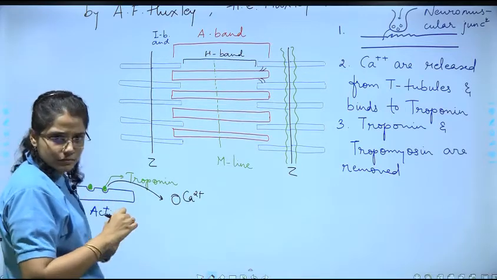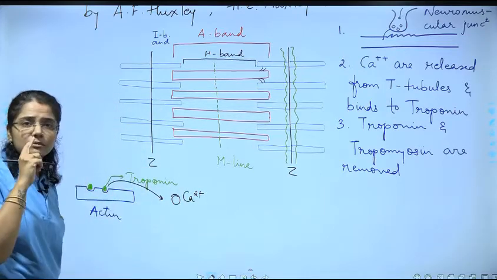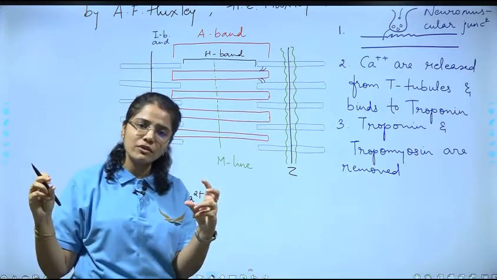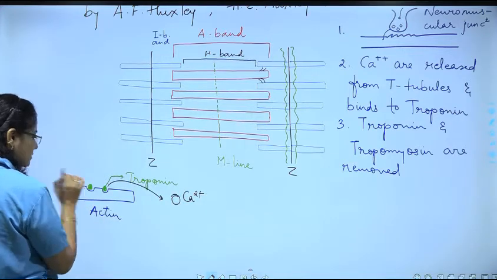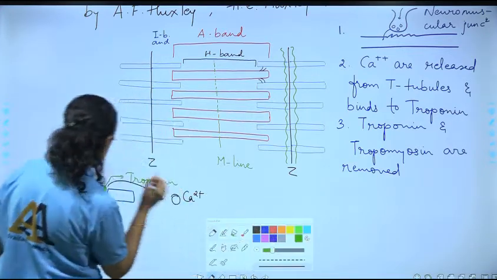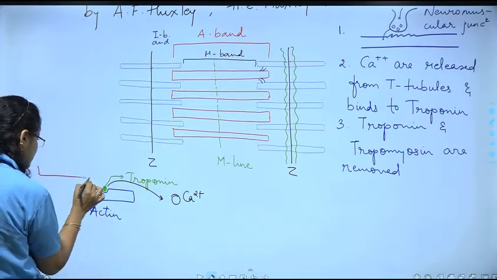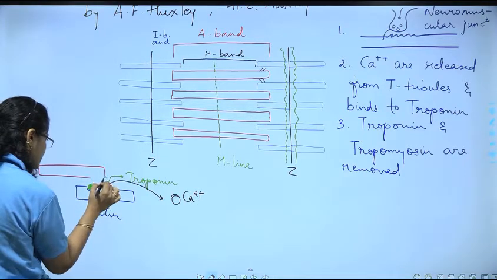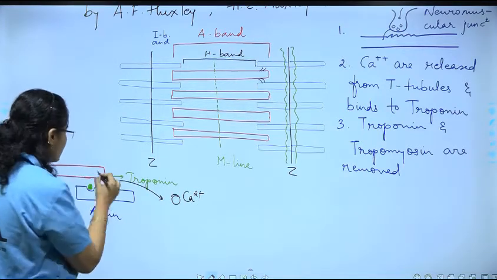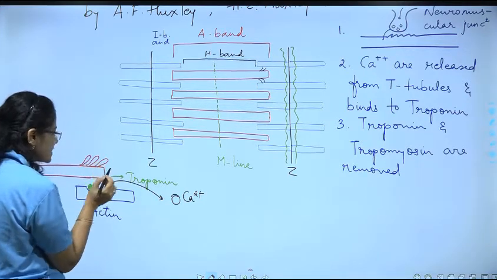Now we have to remember what we said about the structure of the myosin filament. We can simply show the myosin filament like this, no? See, this was the myosin filament with its heads like this. It has head and tail.